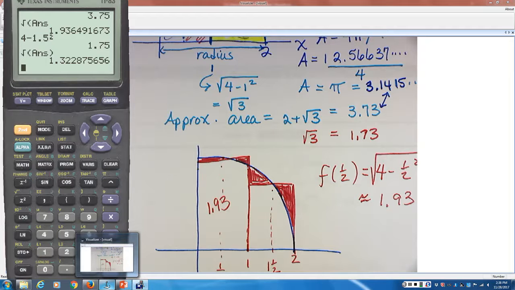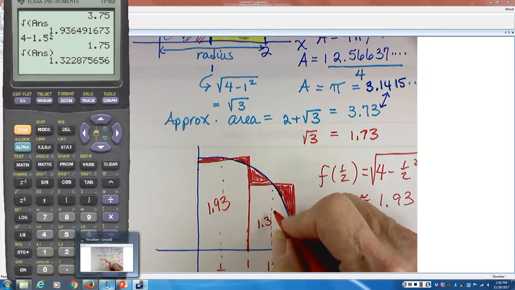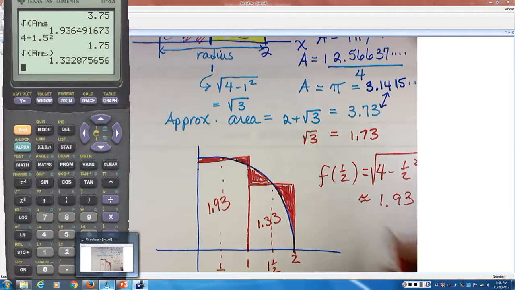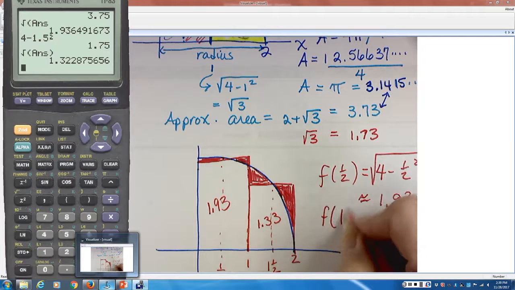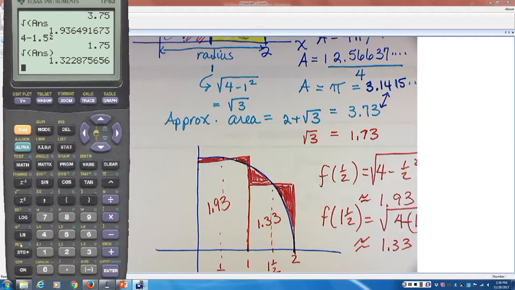And that will be 1.32. We'll call that 1.323. So if I add 1.93, actually we'll call that 1.94.